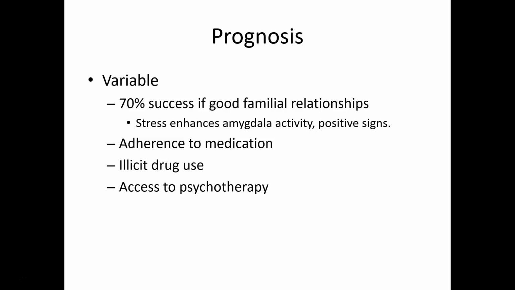Other things that can also affect prognosis is drug use. Drug use is relatively common. The reward circuit is affected, and a hypoactive frontal lobe is connected to a lot of addictive behaviors, and this can worsen symptoms. Therapy as well is also helpful. It can help patients recognize signs, seek help, and seek forms of treatment.